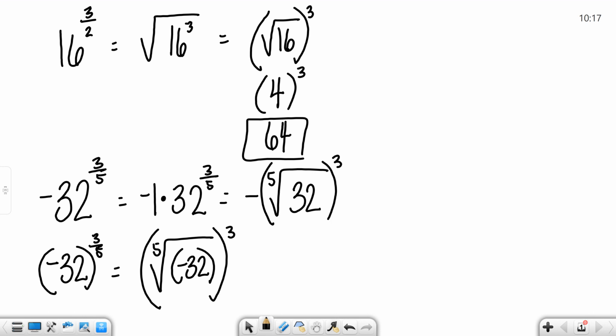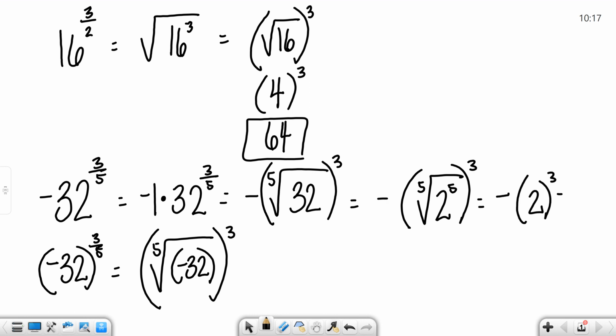All right, so let's do both of them. Right here, this negative is on the outside. The 5th root of 2 to the 5th, all right, so the 5th root of 2 to the 5th is 2 cubed. Now the 2 is the only thing cubed, so I get negative 8.